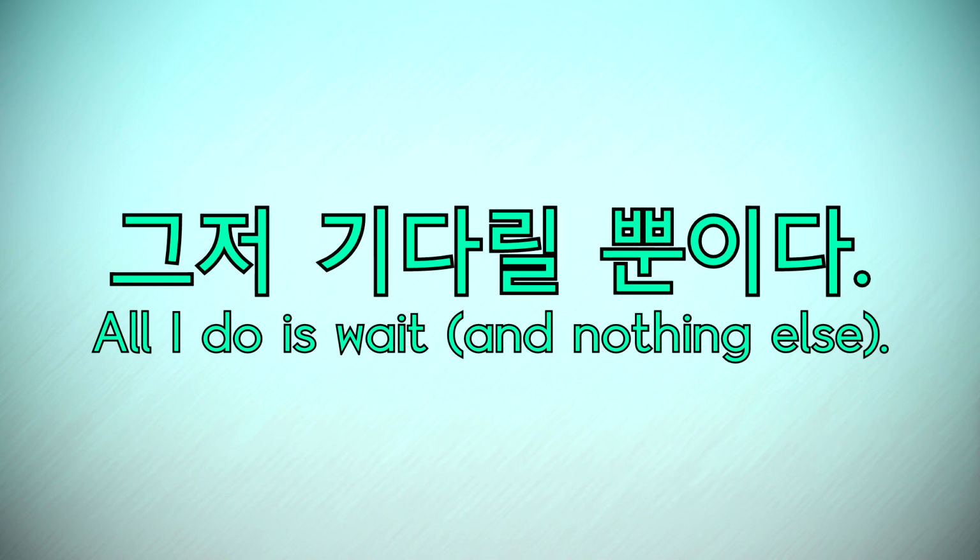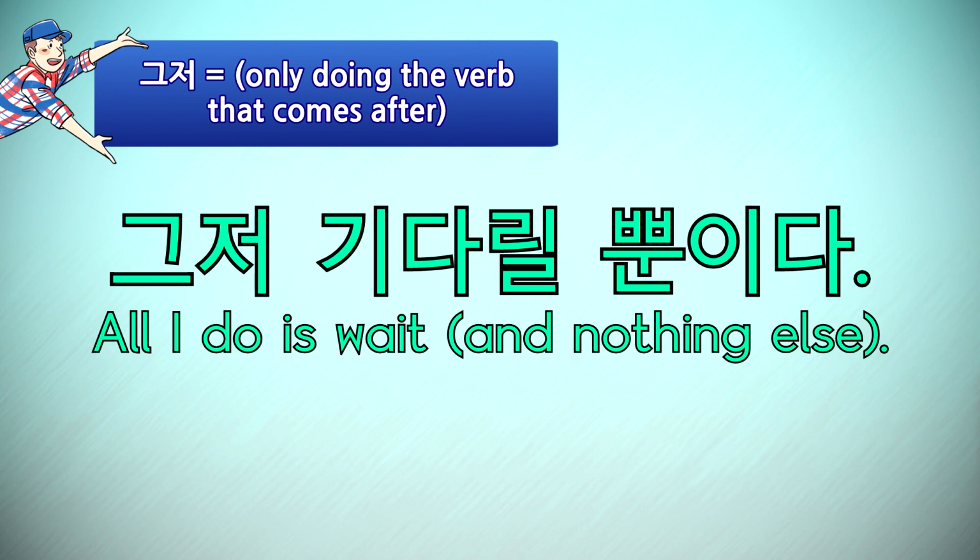Here are some examples. 그저 기다릴 뿐이다. All I do is wait, and nothing else. 그저 is an adverb meaning only, and it means that you're not doing anything else except only whatever verb comes after it.